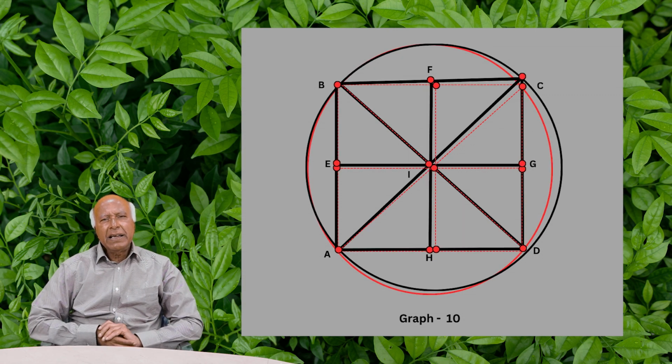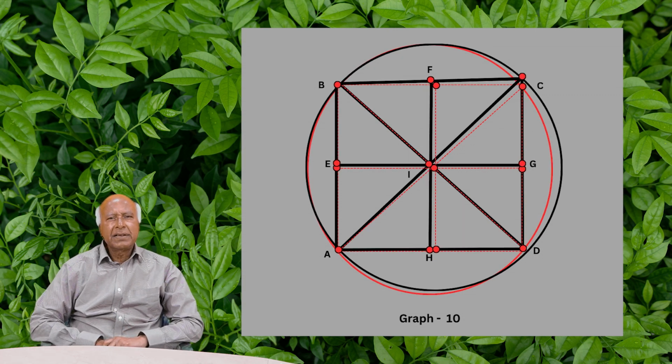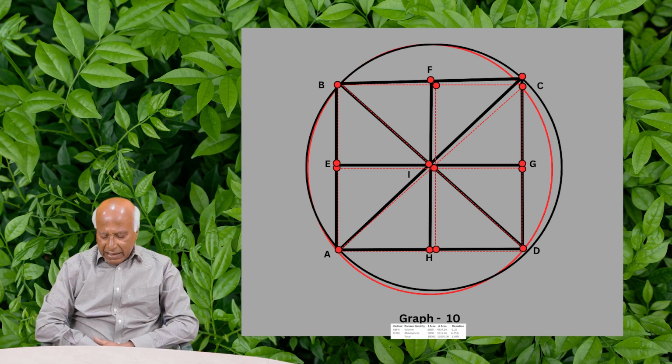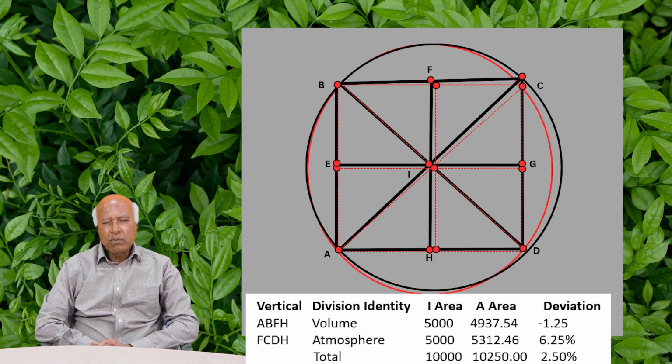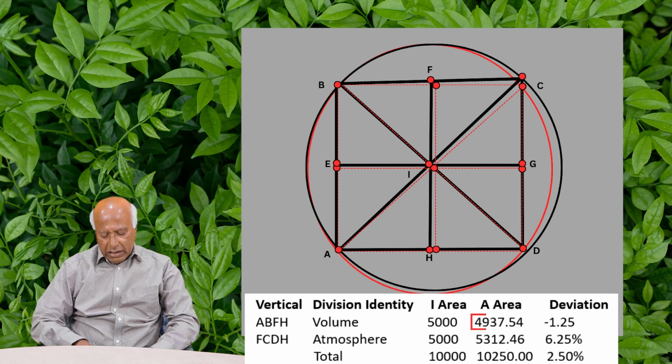Now if we make a comparison of how much deviation has taken place by increasing the expenditure pole by 10%, it has been mathematically calculated that the strength of the volume will comparatively reduce to 4937.54.